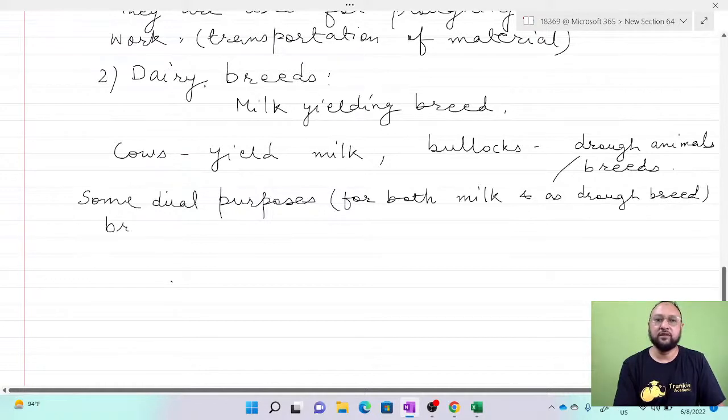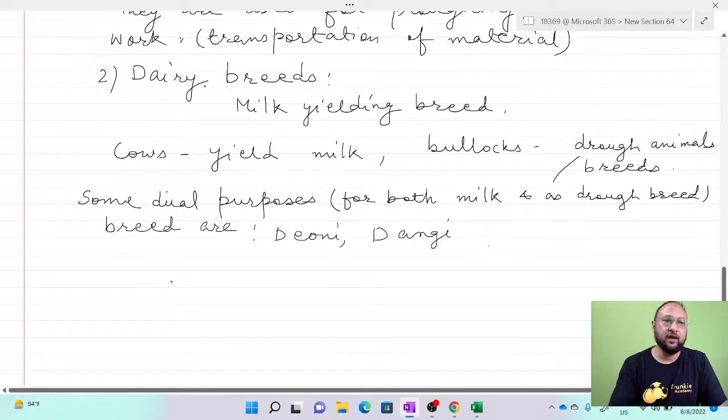Some dual purpose breeds are the Deoni, Dangi, Tharparkar, and Haryana breed. These are the names of the breeds.